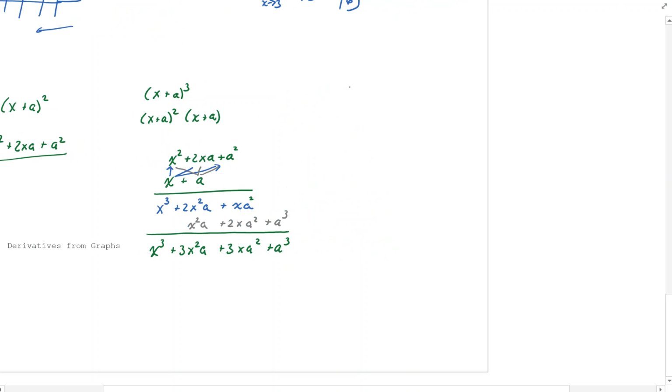If I had x plus a to the fourth, I could say I have x plus a squared times itself, which would be x squared plus 2xa plus a squared times itself.